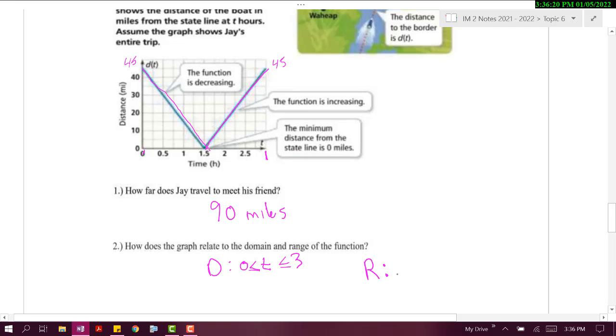The range. Well, it's d of t, or y, is less than or equal to 45, because that's the highest point on this absolute value. It doesn't keep going on here. It started and stopped because it was a word problem. So those are a little bit different.